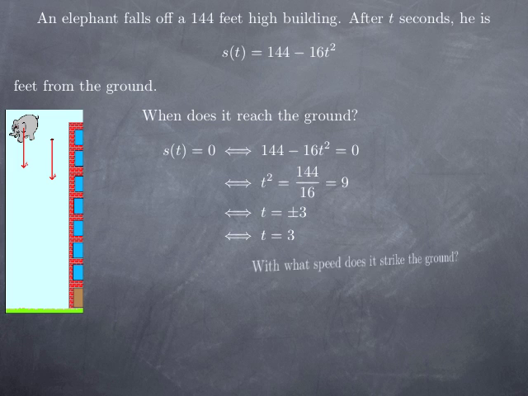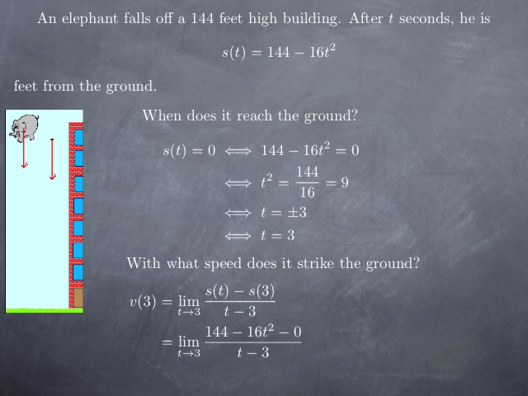In other words, the elephant reaches the ground after 3 seconds. Then we may ask, with what speed does it strike the ground? Well, this is simply the speed after 3 seconds, and we can calculate that exactly the same way as we did calculate the speed after 2 seconds. It's going to be the limit, as t approaches 3, of s of t minus s of 3 over t minus 3.